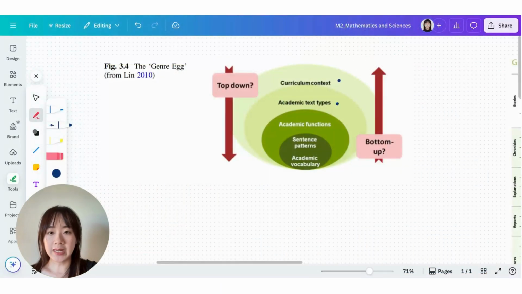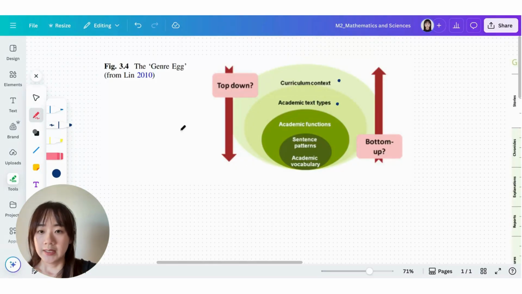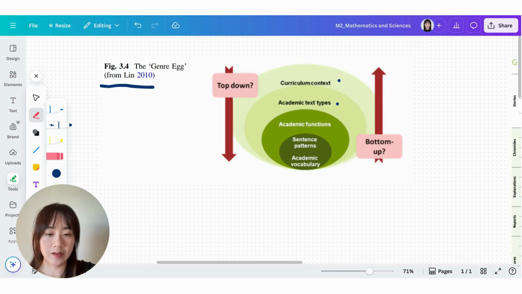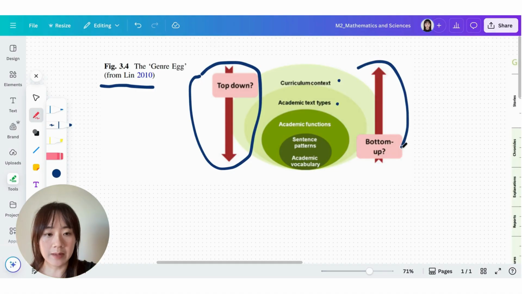Now let's first look at this genre model. This model is adapted by Angel Mei Lin in 2010, and there are two ways to explain this genre model. We can either understand it through the top-down method, or through the bottom-up method.